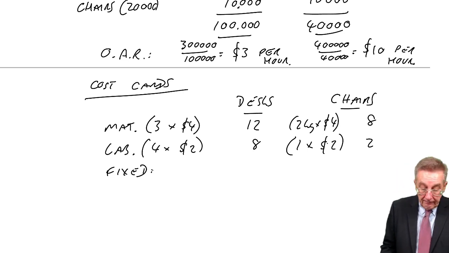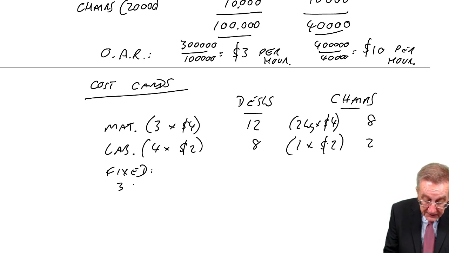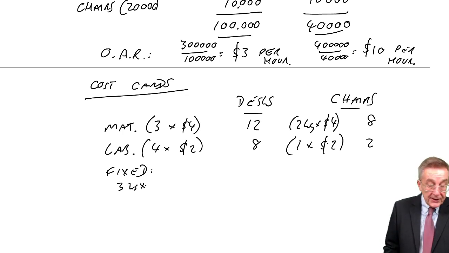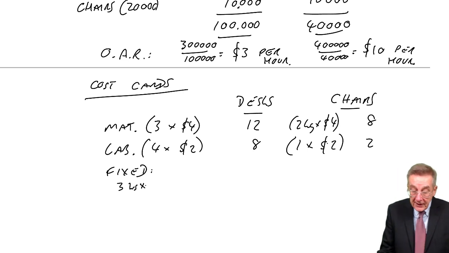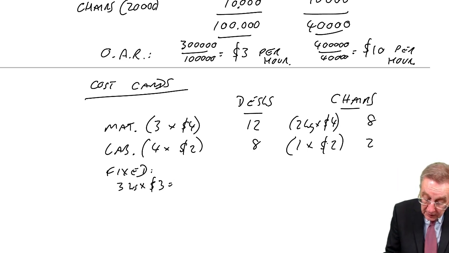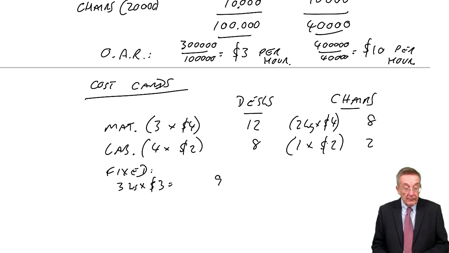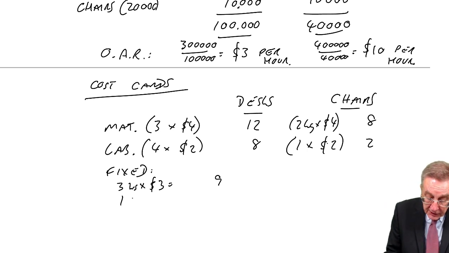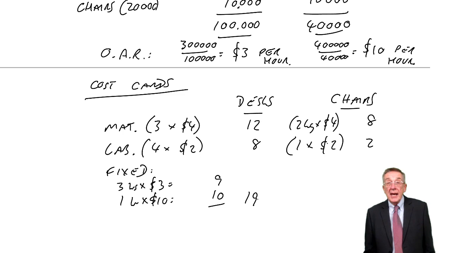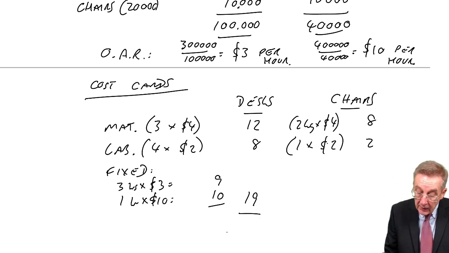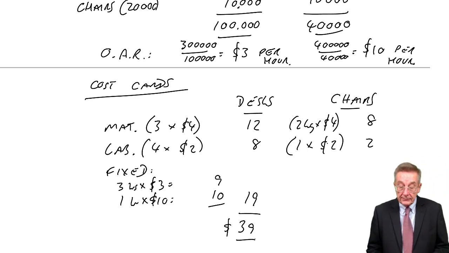Desks, they spend 3 hours in assembly, and assembly is $3 per hour, a total of 9. They spend 1 hour in finishing. Finishing is $10 an hour, 10. So the total overheads we'll give to desks this time is 19. And we get a total cost of $39 a unit.